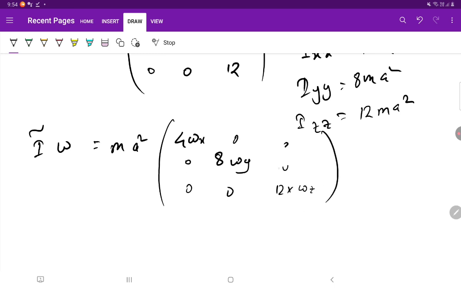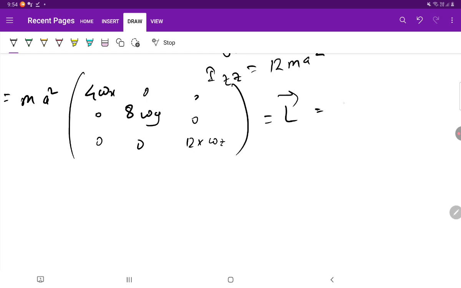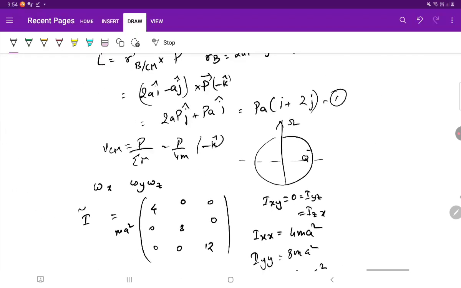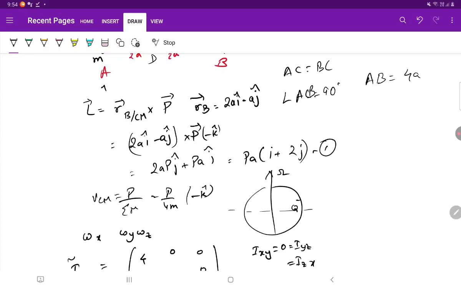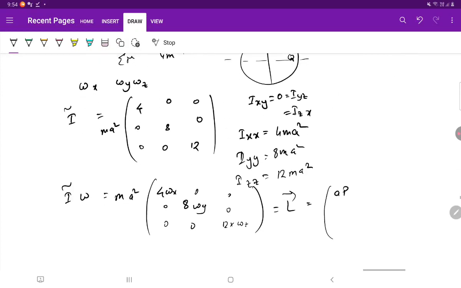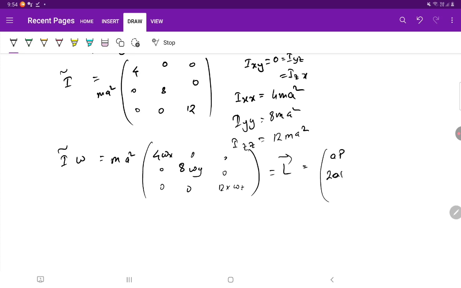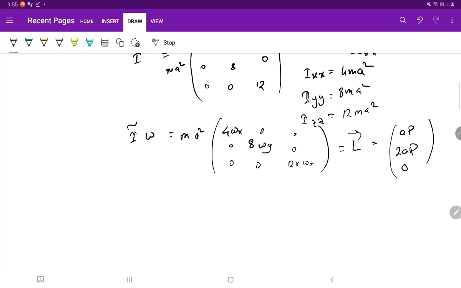And we know that the angular impulse is the result of the angular momentum, so I can write it to be, what is L, L will be pa i cap, 2pa j cap, and 0 k cap. Just here there won't be any off-diagonal elements, sorry, the product I have written is a little wrong. So it will be 4 omega x, 8 omega y, 12 omega z.